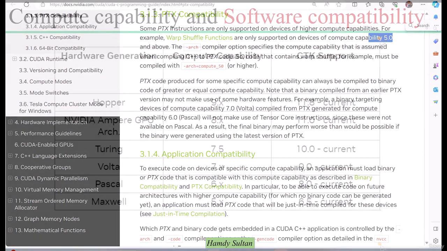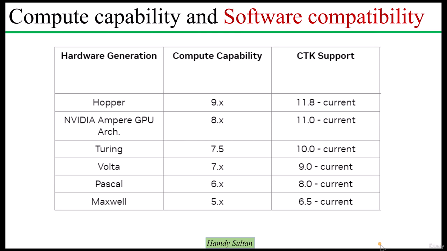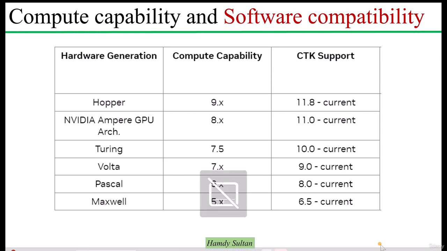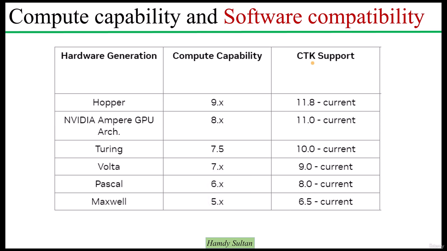Let's say that you are working on a project that requires the latest in machine learning, or you are developing a complex simulation. Then the compute capability of your GPU will determine if you can use the latest CUDA toolkit, which is packed with the newest features and performance optimizations which you might need for your application.